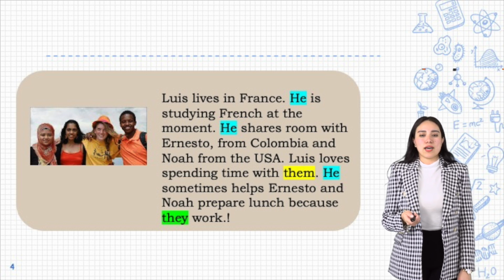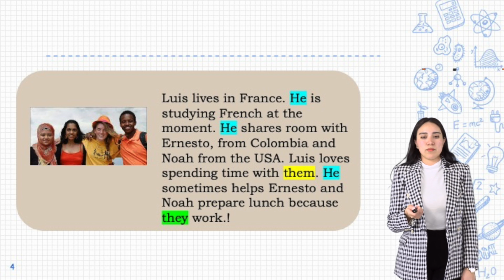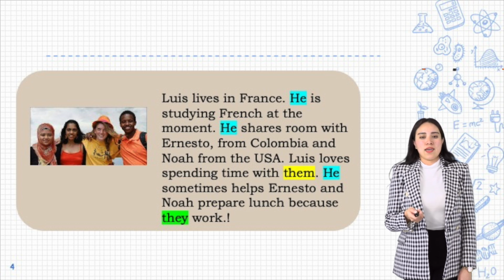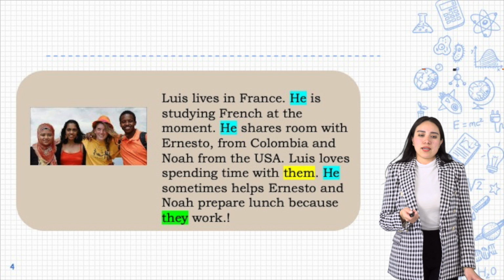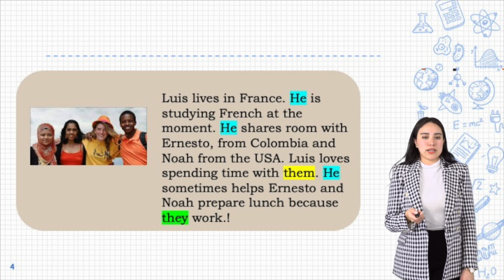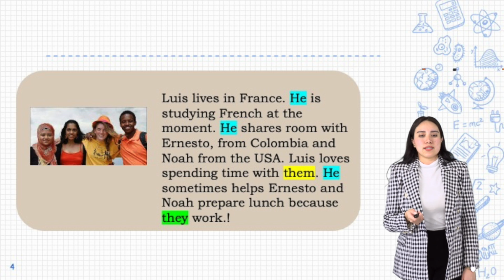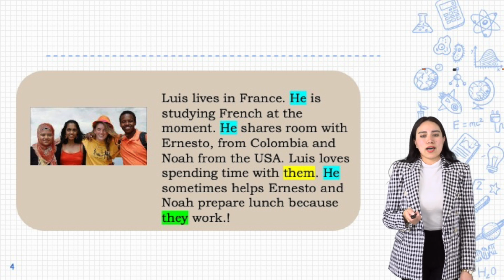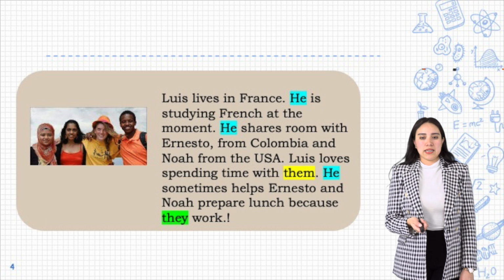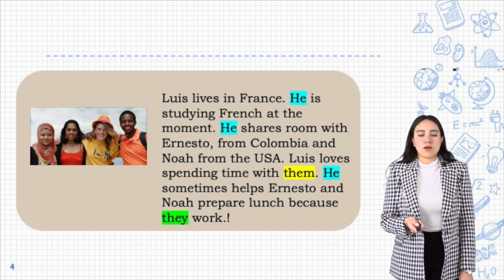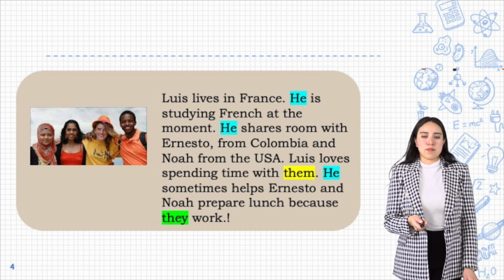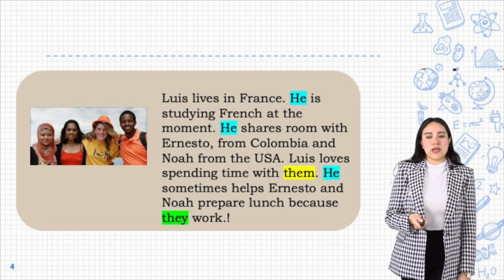In this case we have "He is studying French at the moment." So our keyword is "he." Luis is a name, so we aren't gonna take this word, only "he." Also we have the same word: "He shares." And also we are gonna find the same: "He sometimes helps Ernesto and Noah."